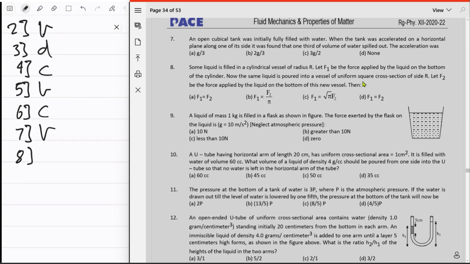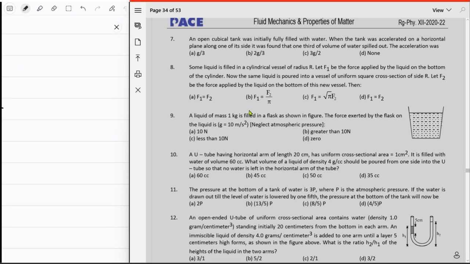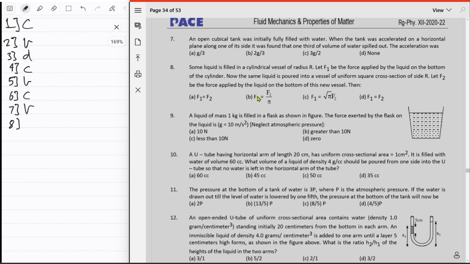Let F2 be the force applied by the liquid on the bottom of the vessel. Then once again you have to take atmospheric pressure into account. You should have at least said excess force applied or something like that. This makes no sense. You're assuming P not equal to 0. That's wrong, but whatever.